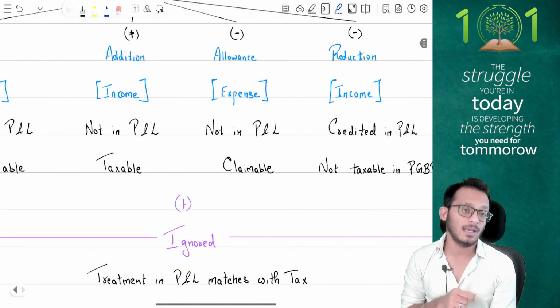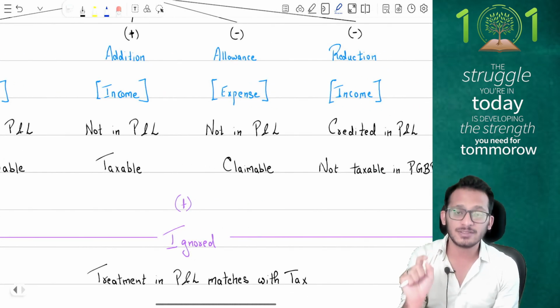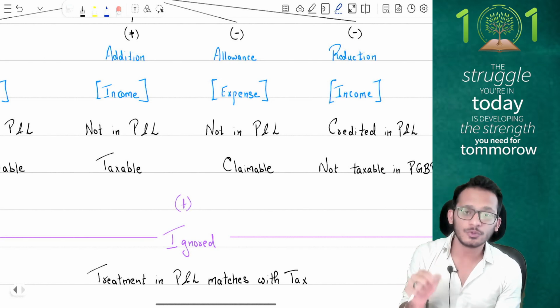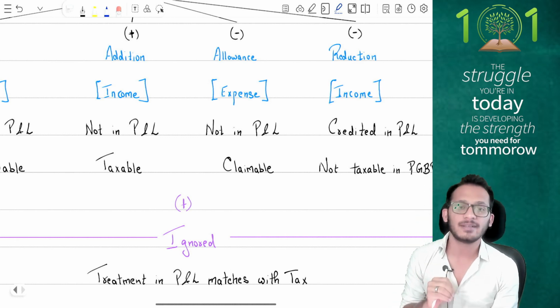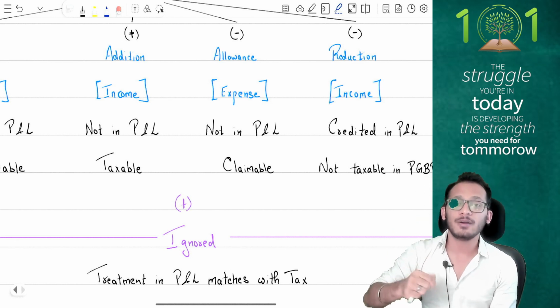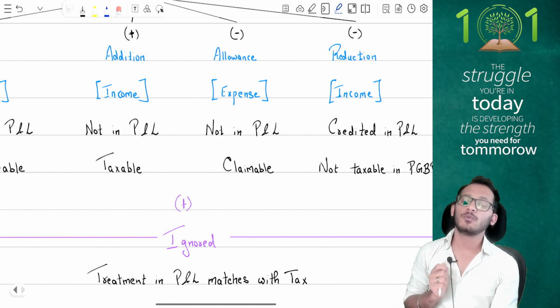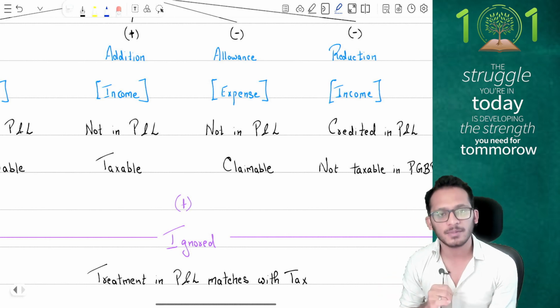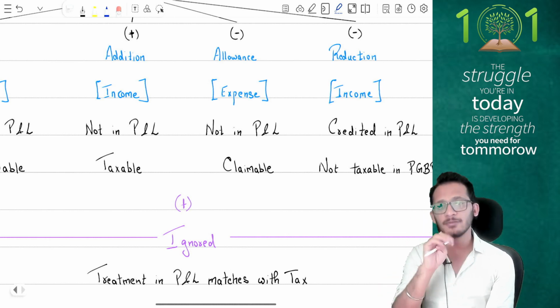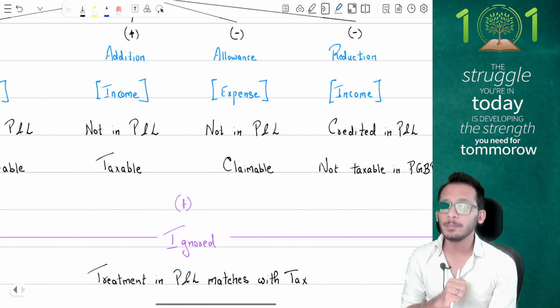Third thing is called allowance. Allowance being an expense which is not in P&L, but you're choosing to treat it as a claimable item in income tax. And fourth thing is called reduction, where an income is already there in P&L, but I'm saying I don't want it to be part of my P&L. I want it to be part of some other head of income. Yes, these are the 4 critical adjustments which you need to make in PGBP.